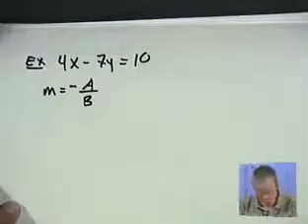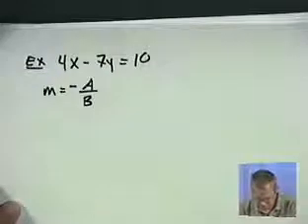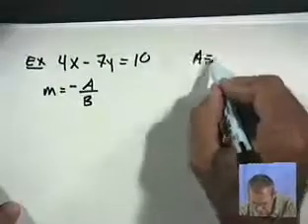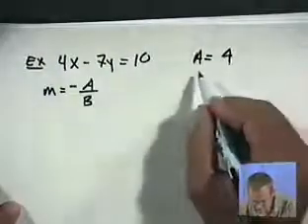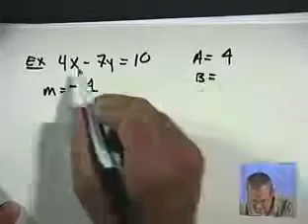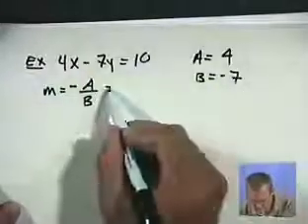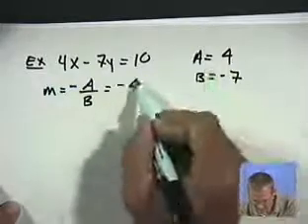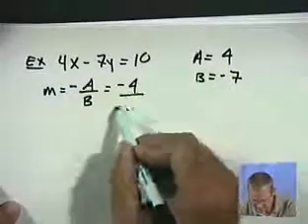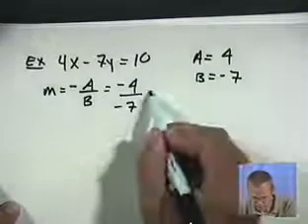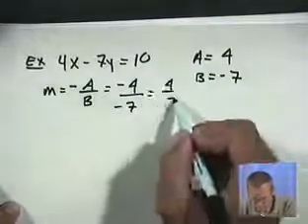So what we have to do is figure out, well, what's a and what's b? Well, a is 4, b is negative 7. So the slope must be negative a, which is negative 4, over b, or 4/7.